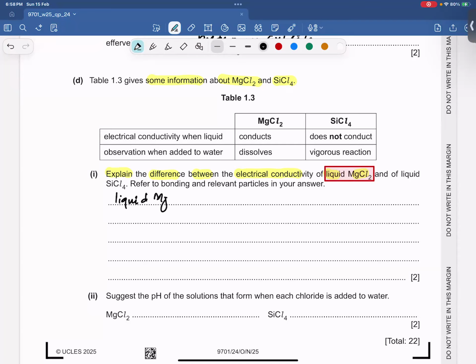Liquid MgCl2 contains free mobile ions, hence can conduct electricity.